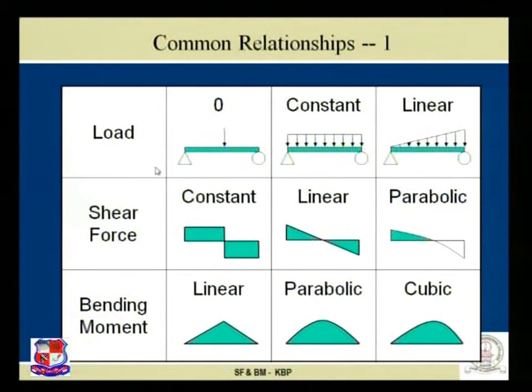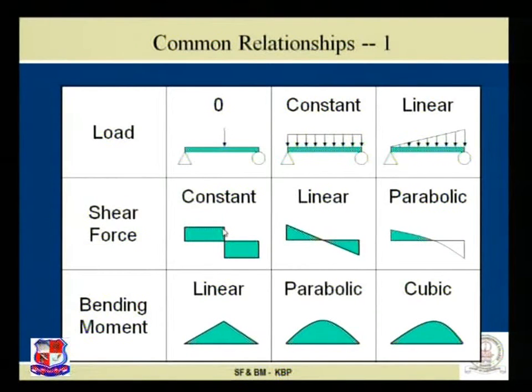Now let us revise. For a simply supported beam subjected to point loads, the shear force remains constant between two point loads, which means the shear force changes by a horizontal straight line.